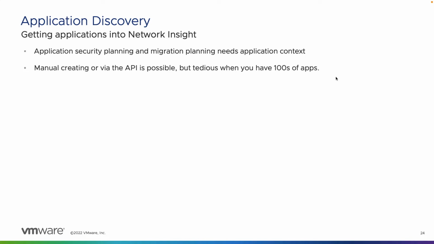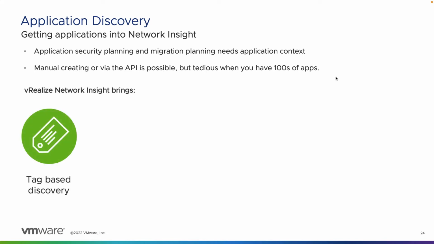And then also keeping in mind that when it comes to creating applications, it can become tedious when you have to do manual creation or via API calls and so on.